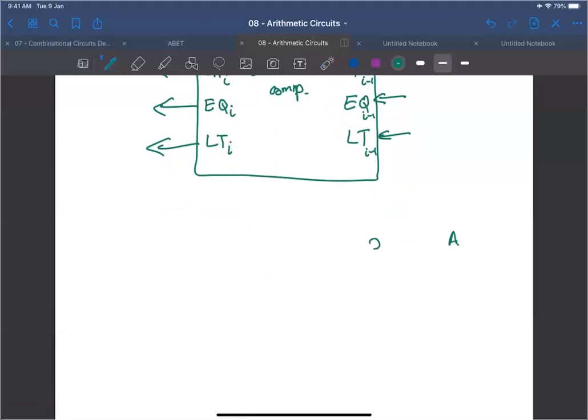Let's say that I have 0, 1, and then 0. And my B is going to be 1 and 0 and 1.